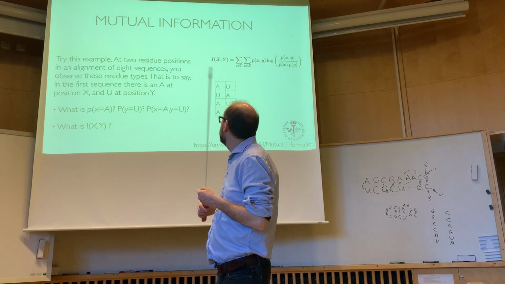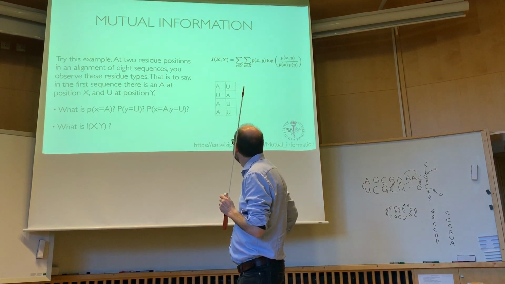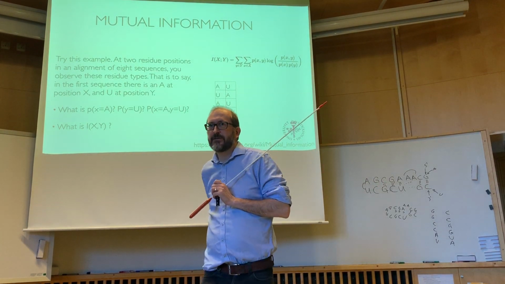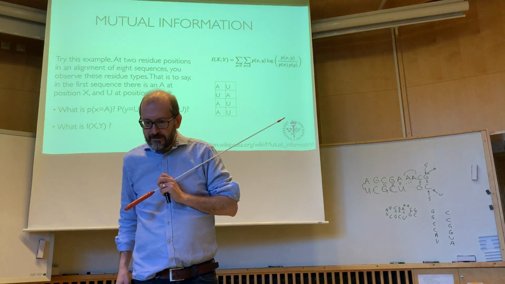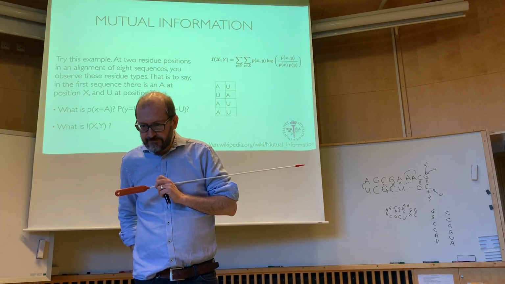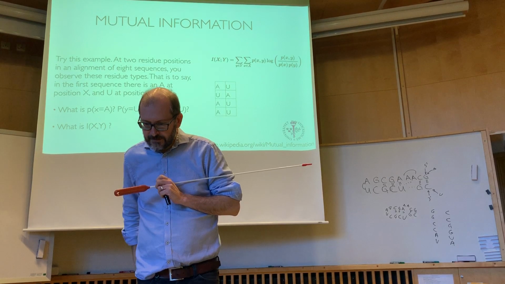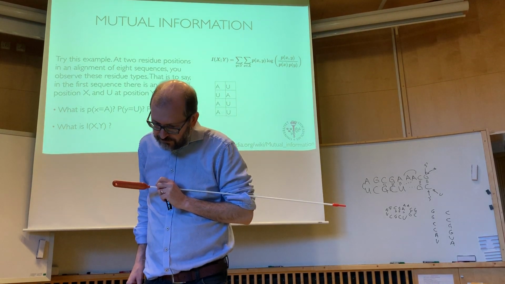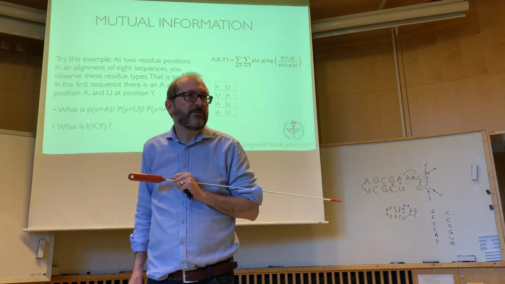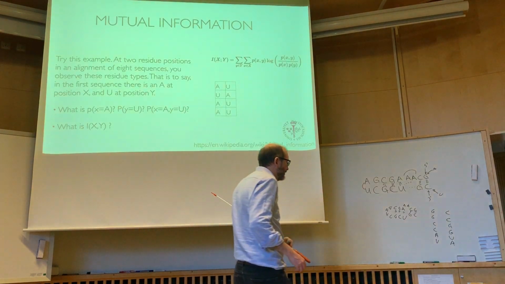Okay, so let's just do an example. This one was in your quiz, so probably you know how to do it already. Does somebody want to try this one? Come up on the board and do it.